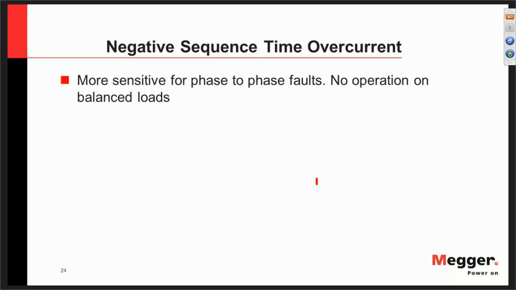And as I said before, negative sequence is more sensitive for phase-to-phase faults because it distinguishes the system from other faults, right? So if you're having a phase overcurrent and a negative sequence overcurrent, I can have a clear distinction in the negative sequence element for phase-to-phase faults, which means if I have a three-phase fault, my element will not get picked up, and I can have a proper distinction between them.